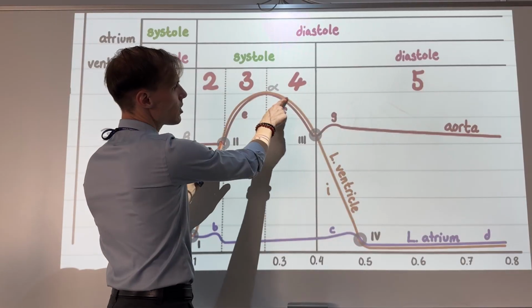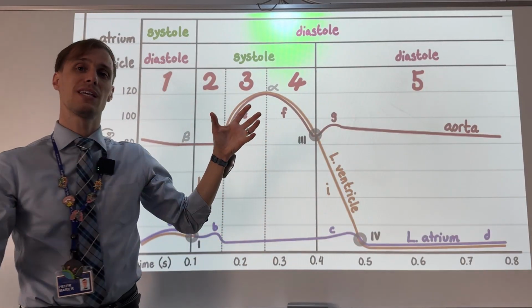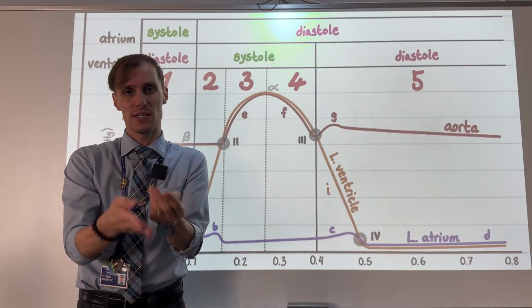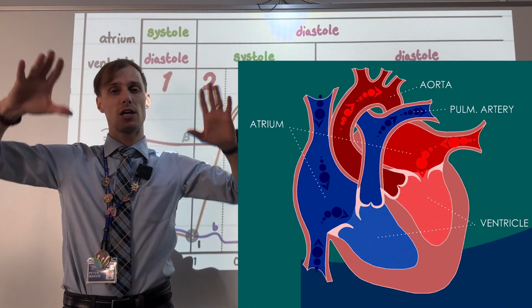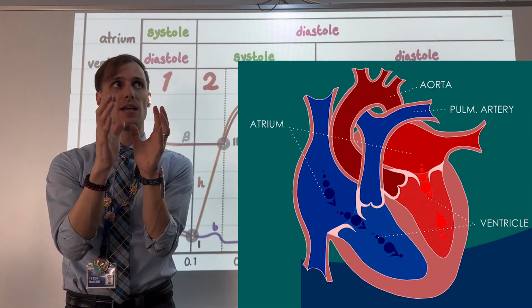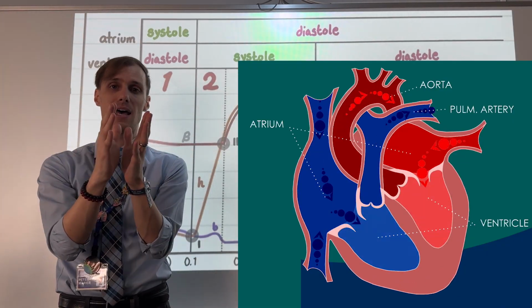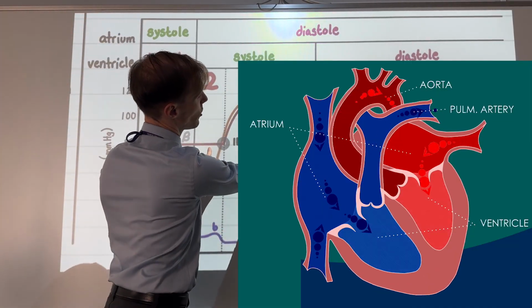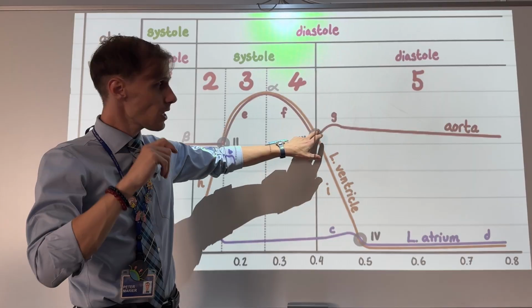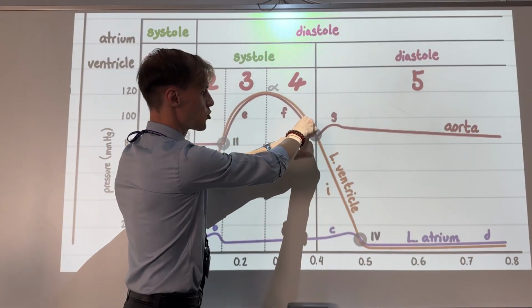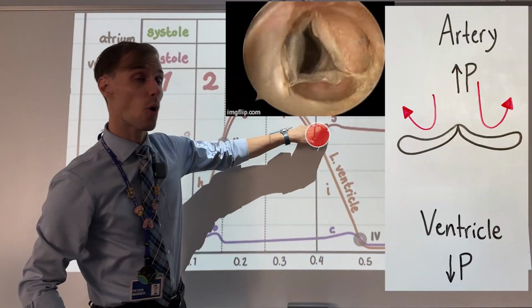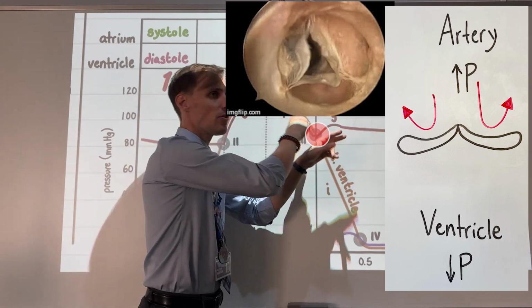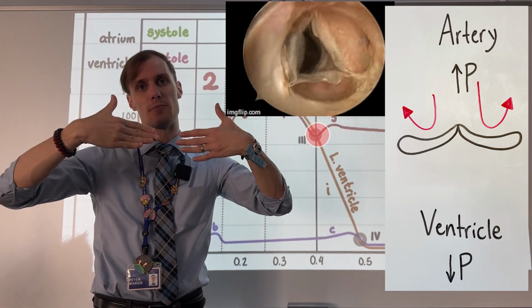Why does ventricular pressure start to decline? Well, they stop contracting. So once the signal has propagated around the Purkinje fibers, they contracted, and then they start relaxing. As they start relaxing and blood has left the ventricles, ventricular pressure starts to drop. Now, the moment ventricular pressure drops once again below aortic pressure, the semilunar valves are going to slam shut.